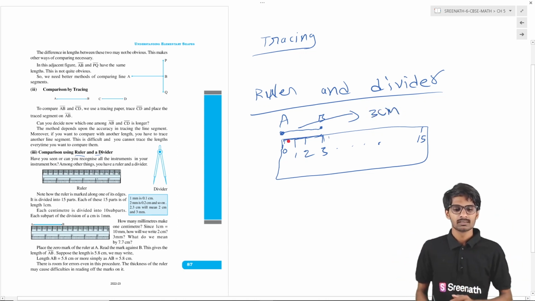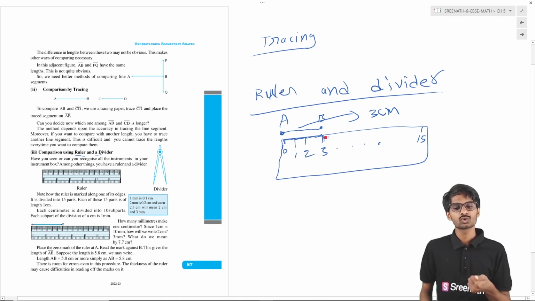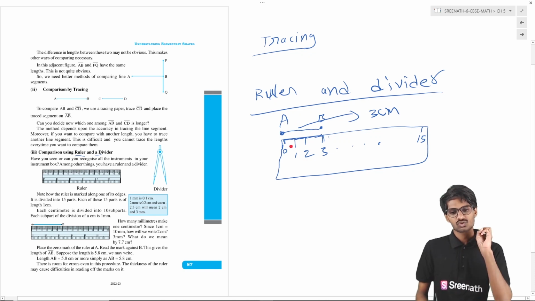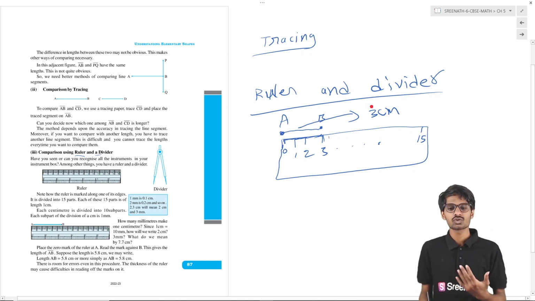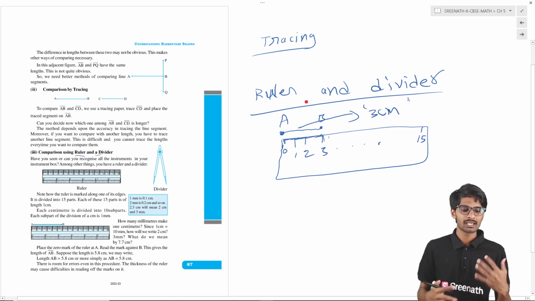How did you know is basically that point A, one end, is at the 0 of the ruler and the other end is at the 3 of the ruler. So the distance or the length from 0 to 3 is 3 centimeters. So the AB line segment length is also 3 centimeters. In this way, by using the ruler, we can measure the length.